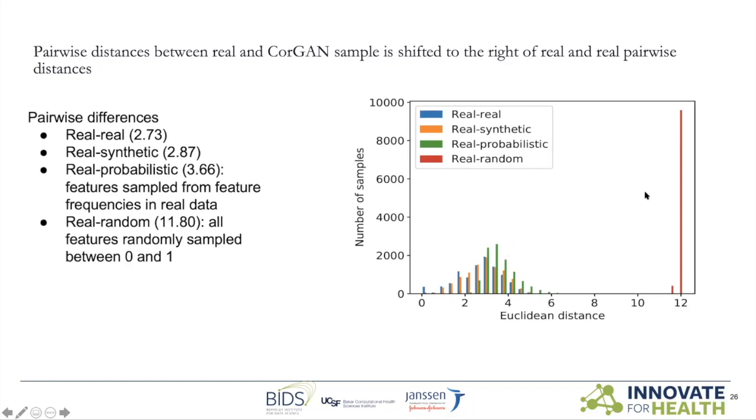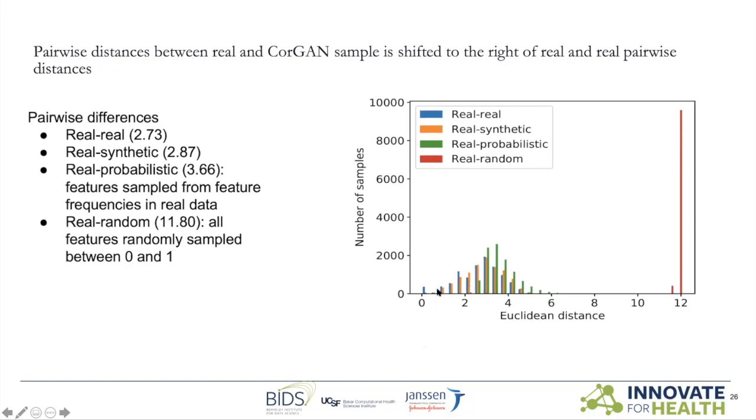And here's just showing those distributions in a graph. The blue is the real versus real, orange is real versus synthetic, and as you can see, it's fortunately not having high density around 0, so it's not simply memorizing the data set.